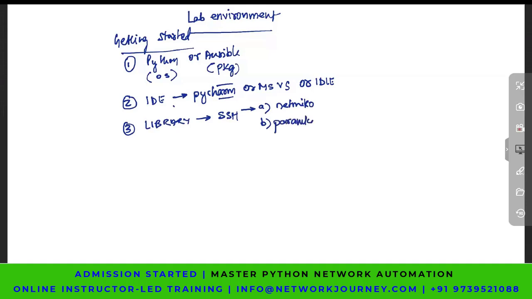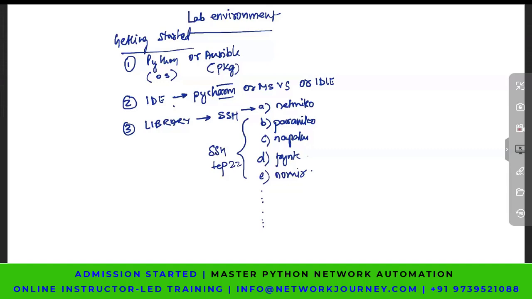You can go with NAPALM. You can go with PyNTC or Nornir, and many others, which I'll just put as dot dot dot. These are some of the SSH libraries capable of SSH over TCP port number 22.